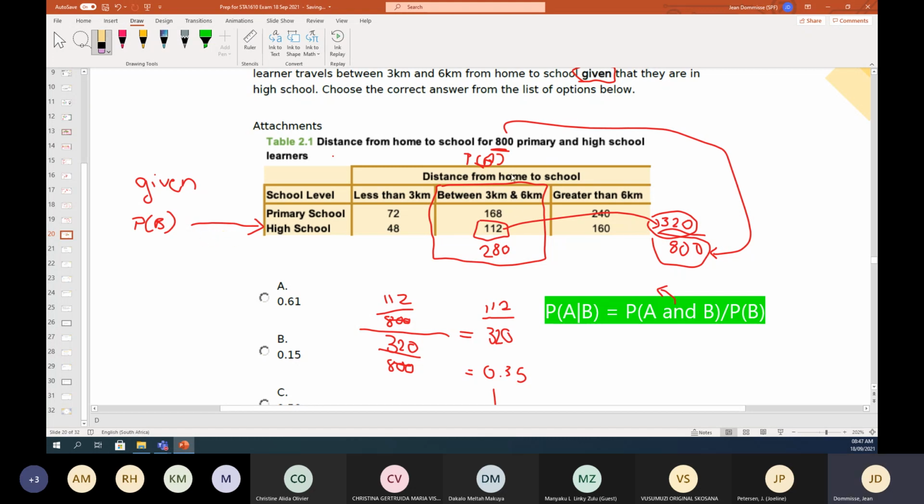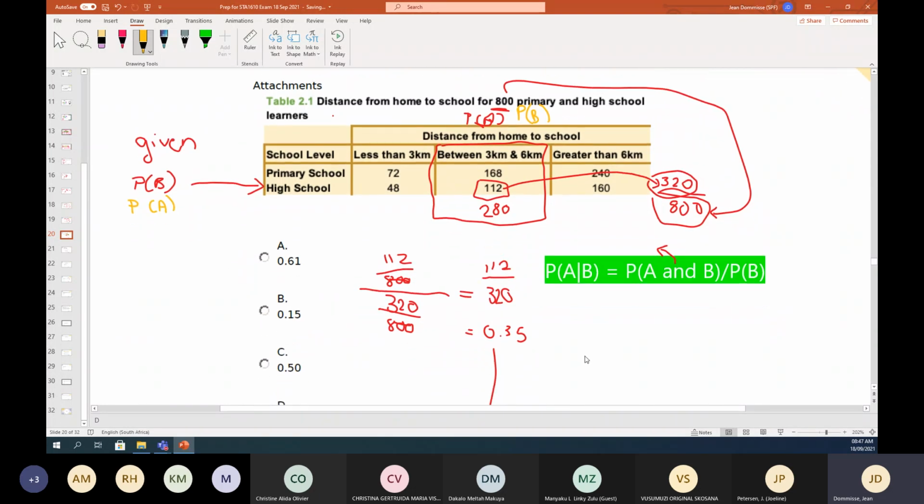So instead of given that they are in high school, we say given that they are between 3 and 6 kilometers. Let's just change those two. We're not changing the formula.